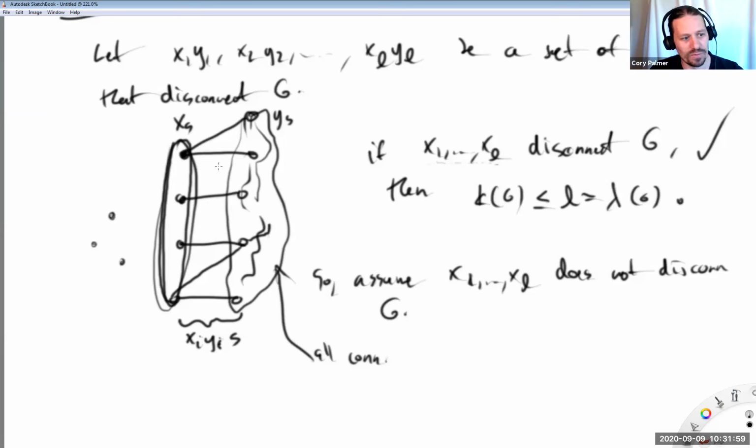Remember, removing vertices from complete graphs doesn't necessarily disconnect it, because those vertices got removed as well. So when I remove these edges, these vertices were part of the fact that it was disconnected. They got separated from other stuff. And when I alternatively remove these vertices and don't disconnect the graph, that means what's left over is connected. It means nothing crosses this bridge. There's nothing over here, because if there were, these vertices would be separated off from this set here.